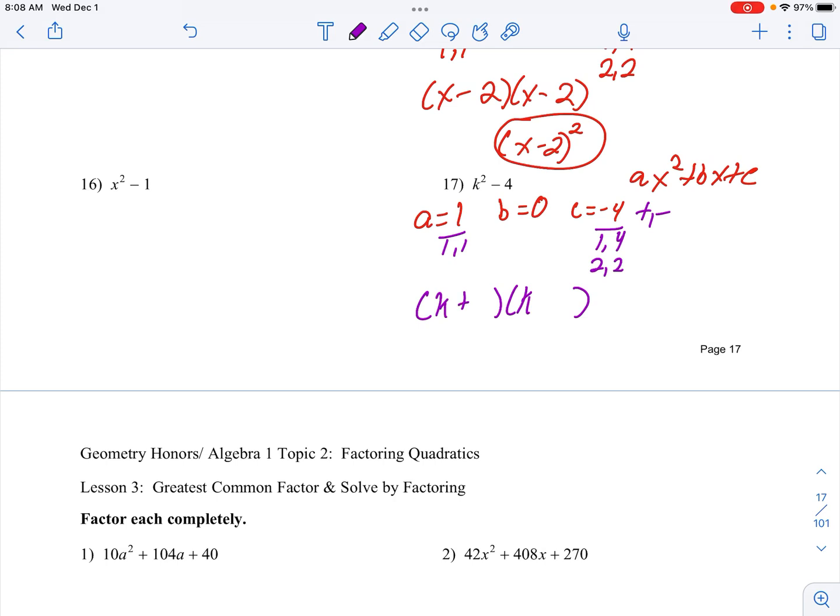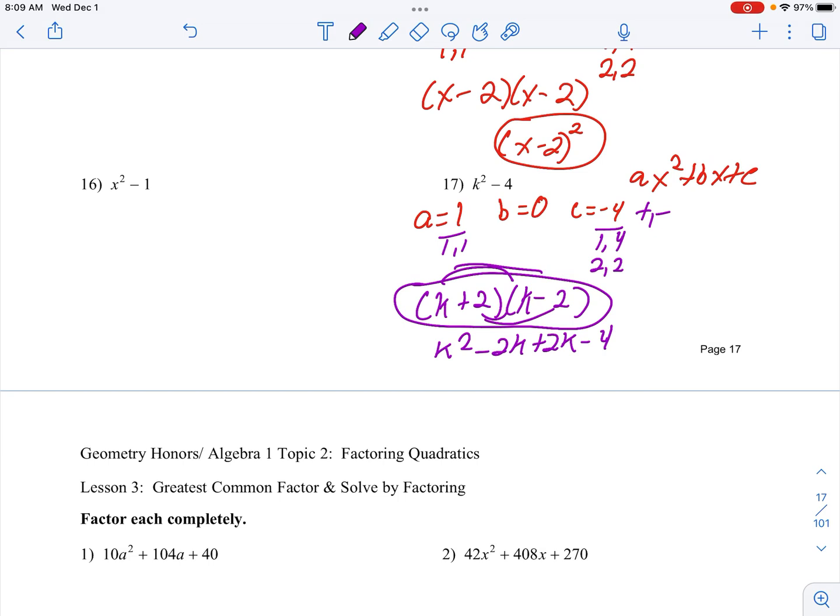The only way for that to happen is the 2's. Check your distribution, all right? And as I finish this last one up, I can see that those linear terms, the k's, do cancel out to 0. And I get k squared minus 4. So that is my factored expression.